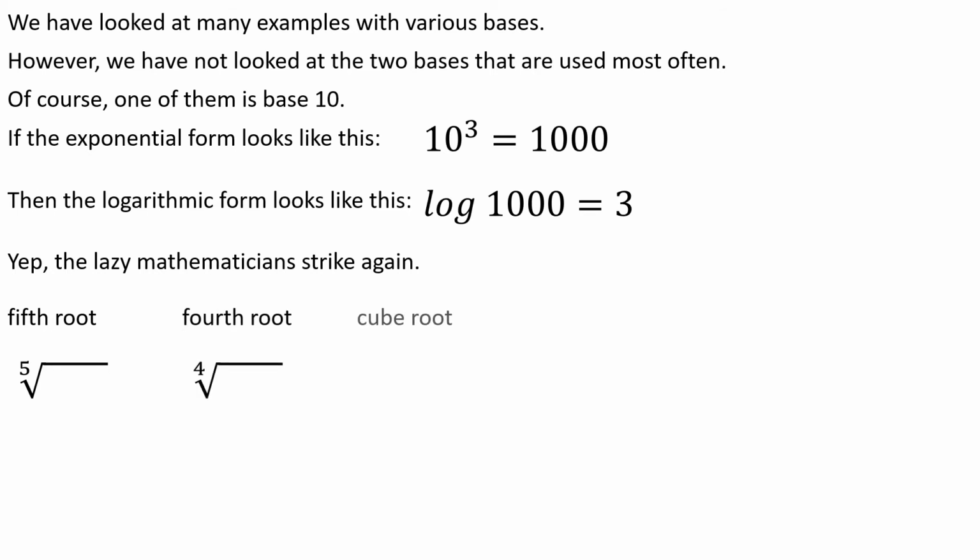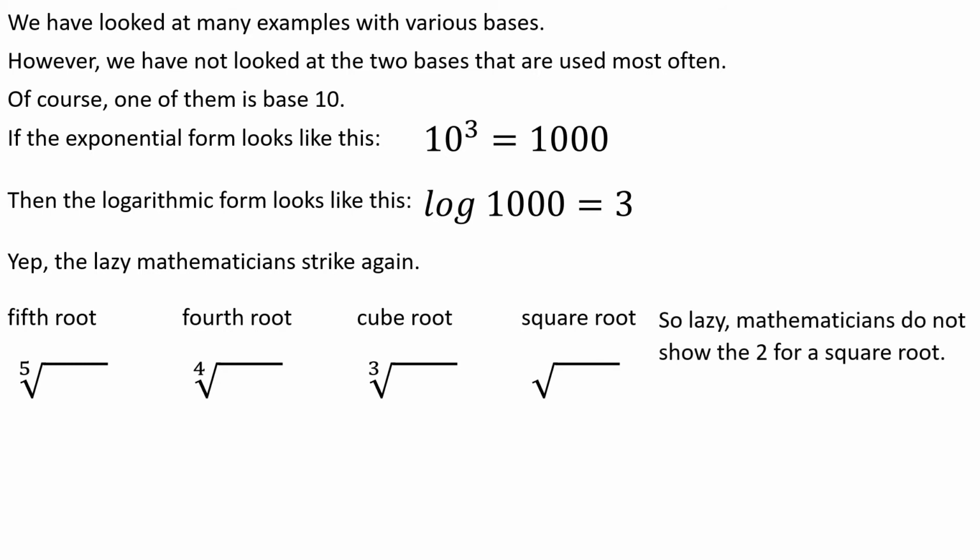We love to show step-by-step work, but there's one silly thing we tend to do. When we're looking at roots, and we did this a few units ago, notice with the square root, we never put the little 2 in there. Fifth root, we use that little 5. Fourth root, we use that little index of 4. Cube root, again, we've got the 3 there where the index belongs. Square root, technically the index should be 2. There should be a little tiny 2 in there, but we don't show it.